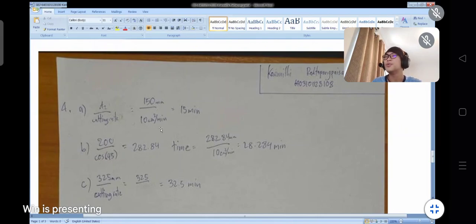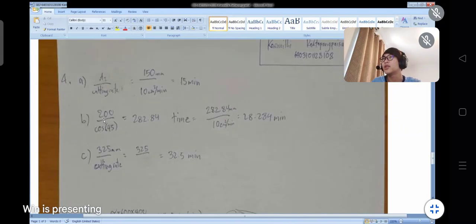So we just need to do some calculations. So A2 is the area of where we're cutting. So it shows in the diagram. So we put 150 millimeters to A2 and 10 to cutting rate and divide them, we get 15 minutes.